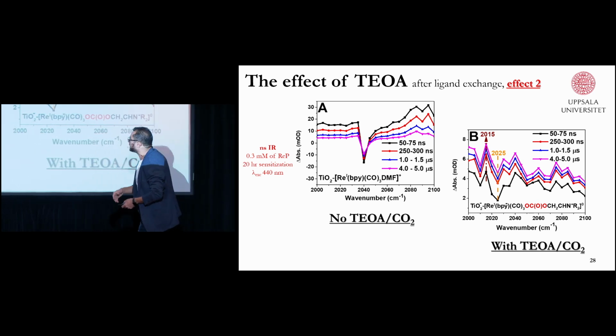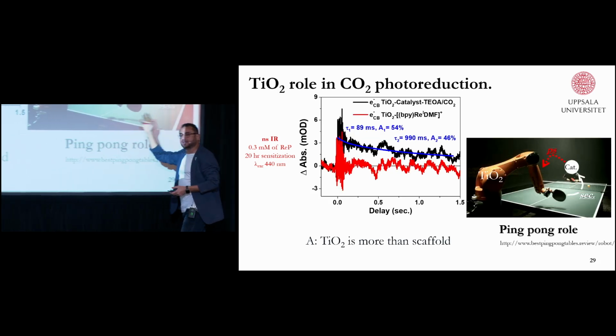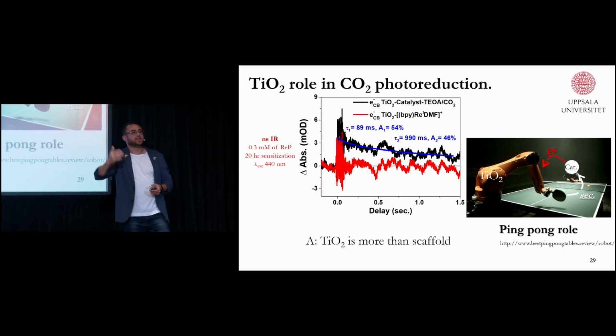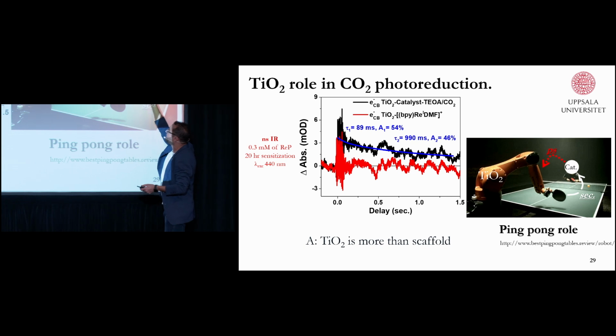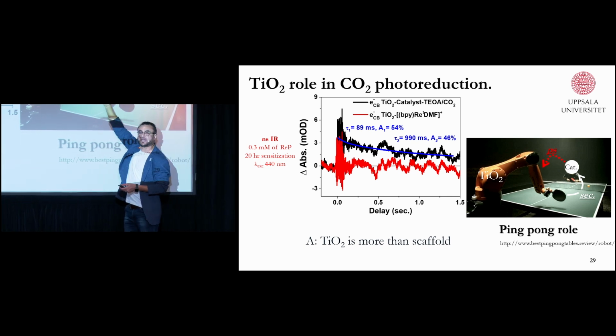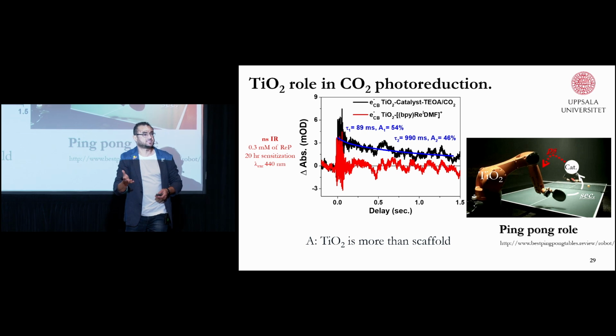But what we found is that up to the second time scale, the catalyst and the titanium dioxide play a ping-pong game: after excitation, the catalyst injects electrons to titanium dioxide. Since titanium dioxide contains many surface trap states, it works as an electron container.